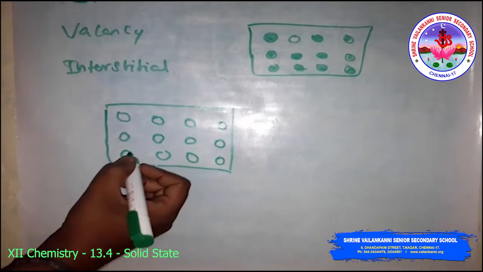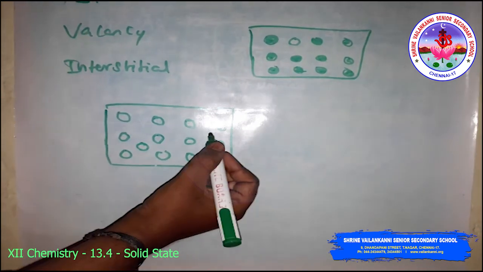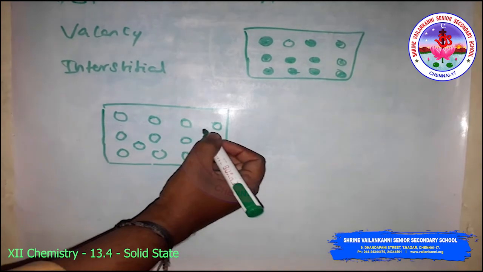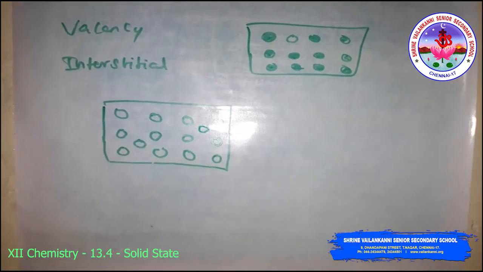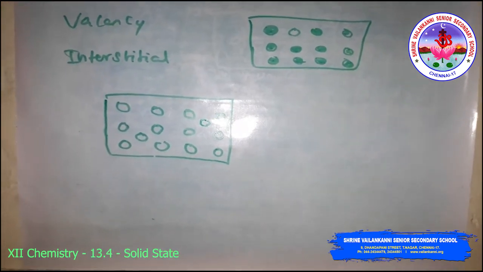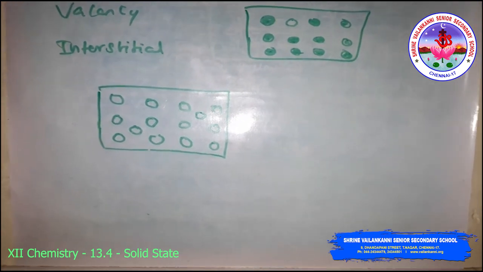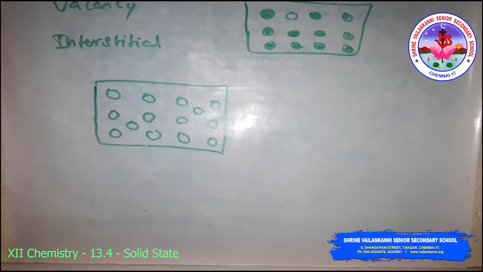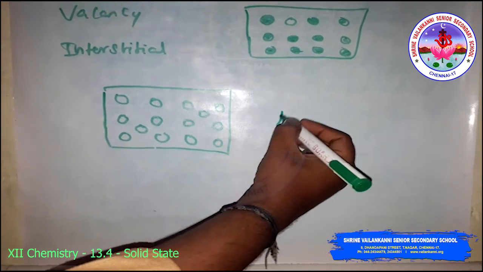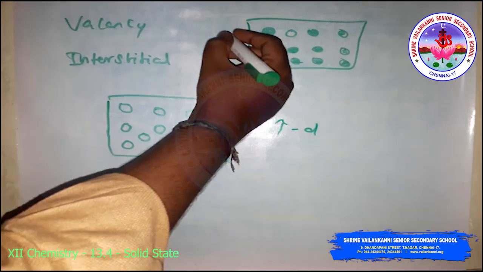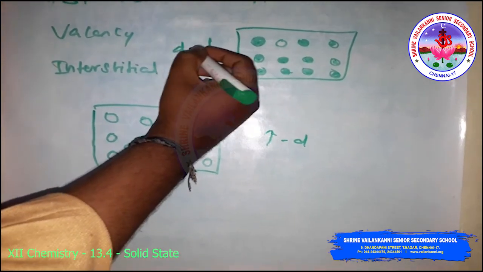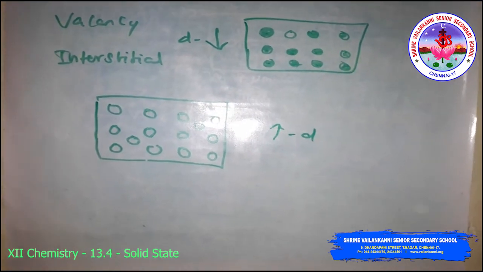The interstitial site means the molecules are present like this. So this is called the interstitial defect. The interstitial defect increases the density of the substance, while the vacancy defect decreases the density of the substance.